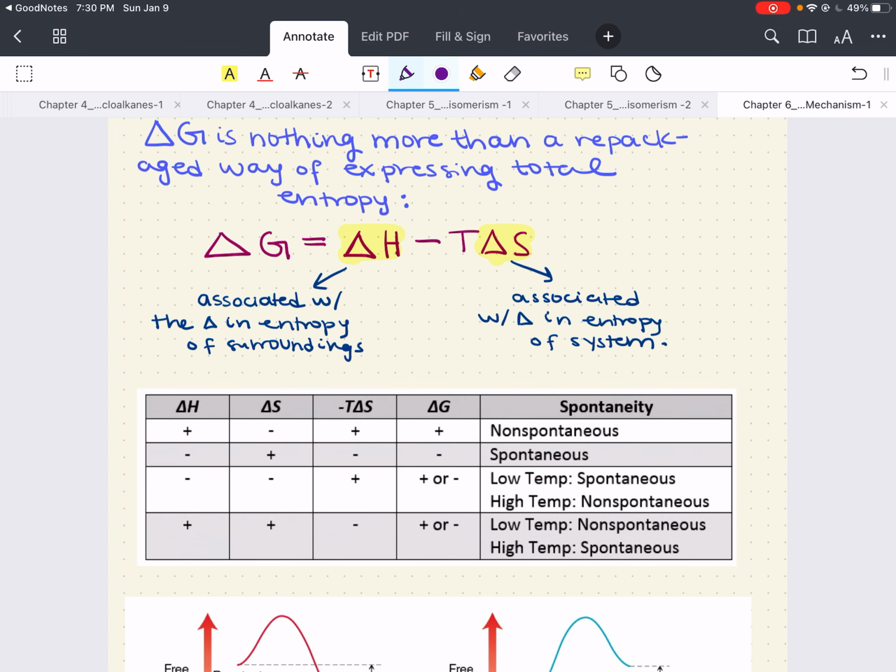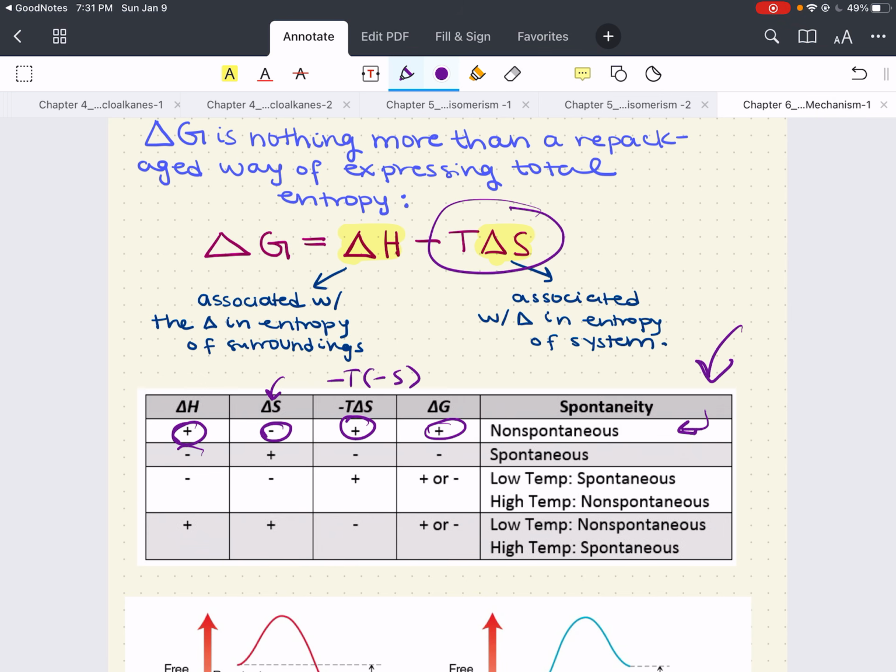This table does a really good job demonstrating the signs that you need for enthalpy and entropy, as well as the needed temperature to get a negative delta G. If you have a positive enthalpy and a negative entropy, and your entropy term is negative and you're multiplying it by a negative temperature, that overall term is positive, your delta G is going to be positive, and that's not spontaneous.